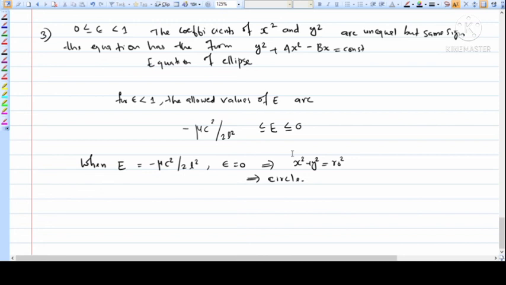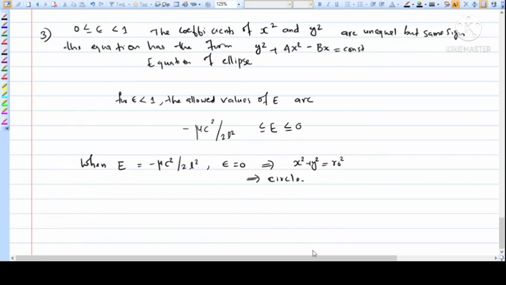So when E is equal to minus mu c square by 2L square, epsilon will be equal to 0. So this term will go and A is equal to 1. So the equation will become x square plus y square is equal to r square, and this is an equation for a circle.